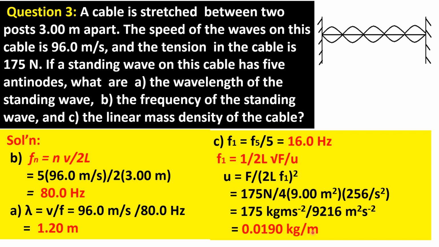Mass per unit volume is the usual volume density of a body or substance. But here we're talking about linear mass density, the amount of mass per unit length. All right, so we are done with answering our question number 3.